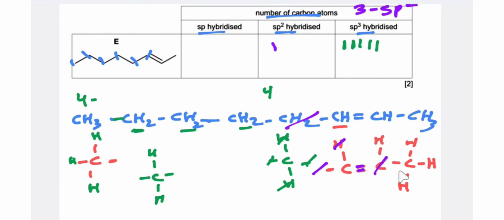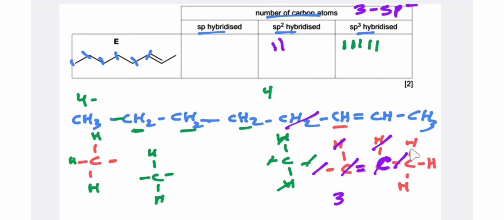Then this carbon is attached to 1 and 2 atoms, and though there is a double bond, it is attached to one atom. Therefore it is also attached to 3 atoms and has no lone pair, so it is also sp2 hybridized.